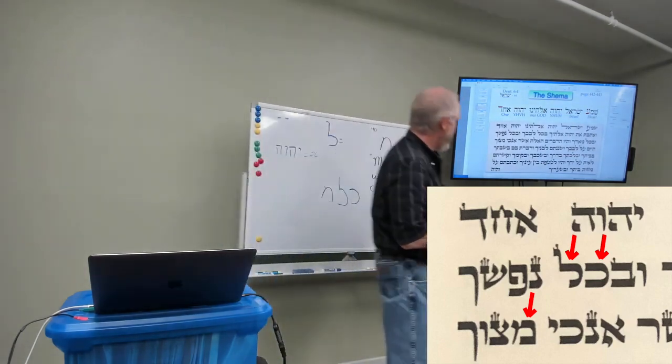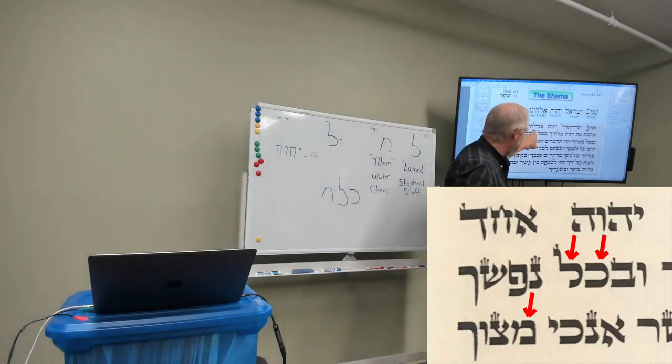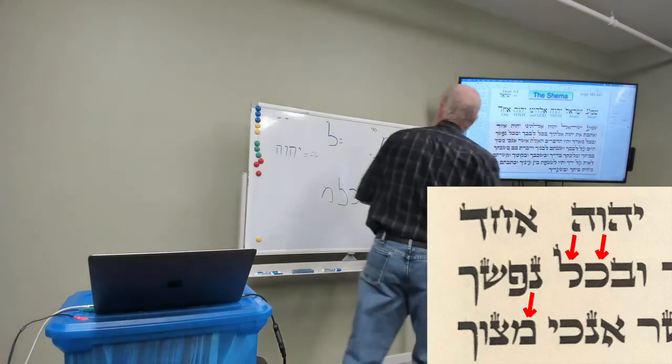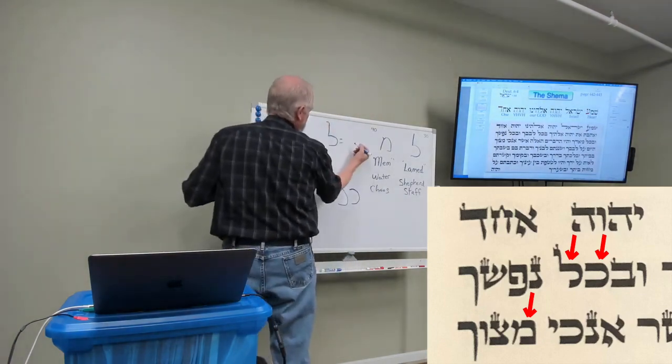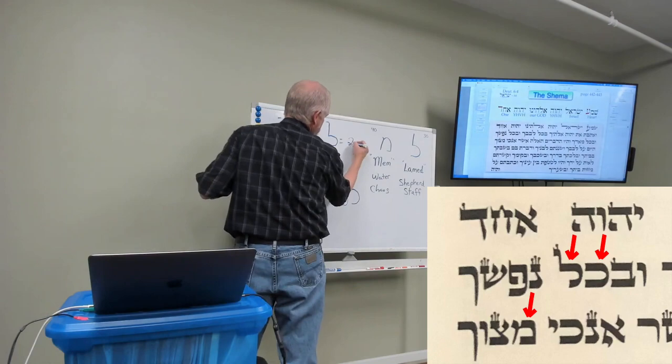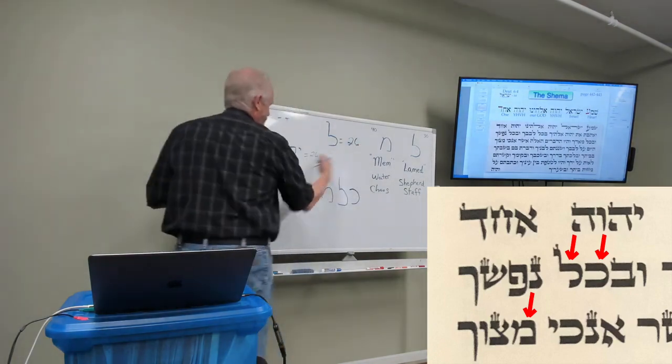You can see it right here in the ancient scrolls. See the Vav up here in the Lamed, and then you see the Kaf right here? Kaf has a numerical value of 20. Vav has a numerical value of 6. So now we've got a relationship here.